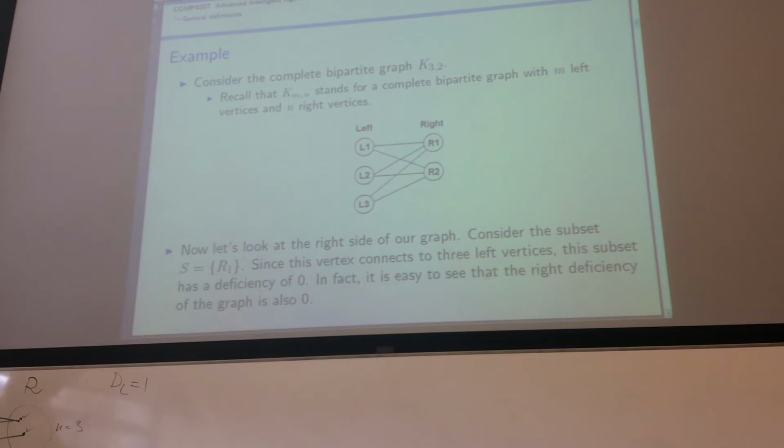It connects to 3 nodes on the left-hand side. So it's 1 minus 3, a negative number, the deficiency is 0, and it will be true for any subset, because the size of that subset is smaller than the number of nodes it's connected to, all 3 of them, and that's why the right deficiency is 0.